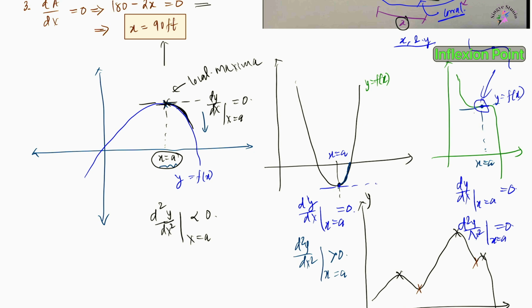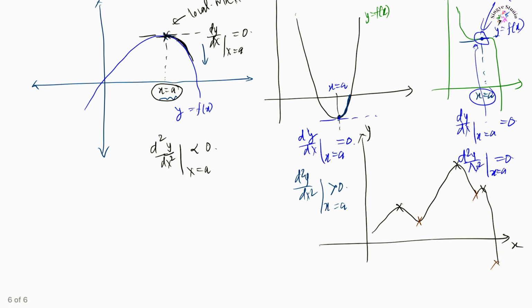This kind of condition is called the inflection point or saddle point, which means we don't know whether the curve is decreasing or increasing at x equals a. So this is how we test whether the function has a local maxima, local minima, or inflection point at any critical point.